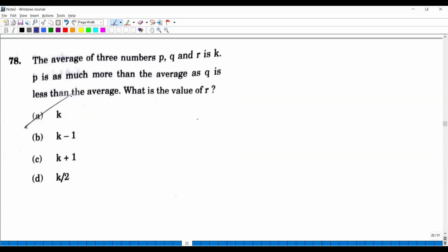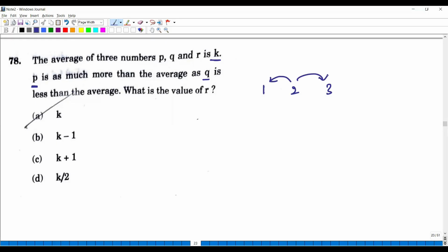The average of 3 numbers P, Q, R is K. P is as much more than the average as Q is less than the average. See here. If P is as much more than K as Q is less than the average, take numbers like 1, 2, 3.